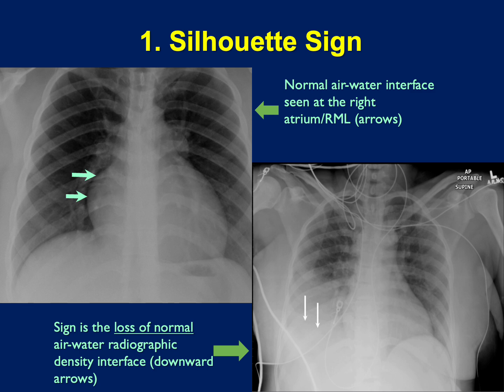The silhouette sign is the loss of normal air-water radiographic density at that interface, shown here with the white arrows that are downward pointing. The silhouette sign is not limited to this area. However, the silhouette sign can be anywhere wherever there is loss of those sharp boundaries or demarcation boundaries where the air-water interface is no longer present.